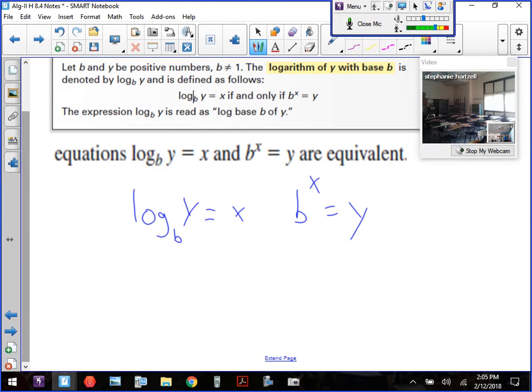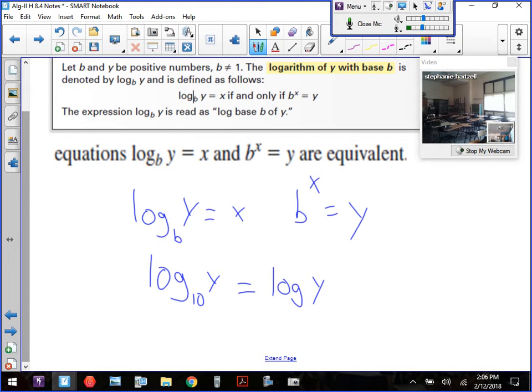Now, when we say this, the base will be written out for you, like log base 2 of something, log base 6 of something. This base was always given to you with some value, unless it's a log base 10. Log base 10 sometimes is written as just plain old log.